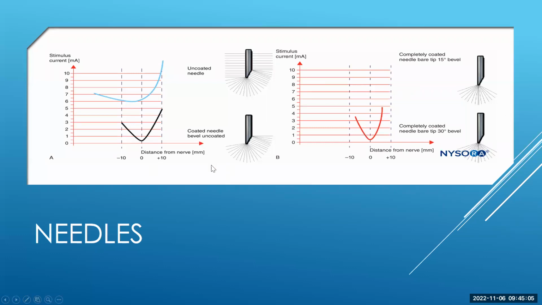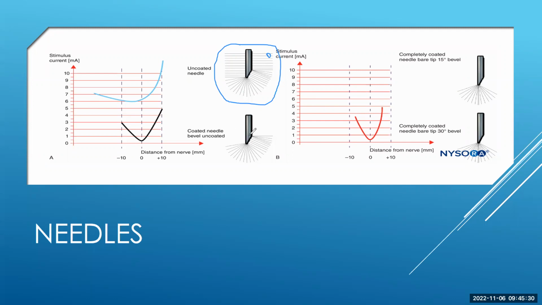This slide is just really highlighting the fact that insulated needles are necessary. An uncoated needle, as you can see in this image, is really going to scatter your stimulation throughout the needle, and it's not going to reliably tell you where the nerve is. You may be injecting here, yet the nerve is maybe here, so you're not as close.